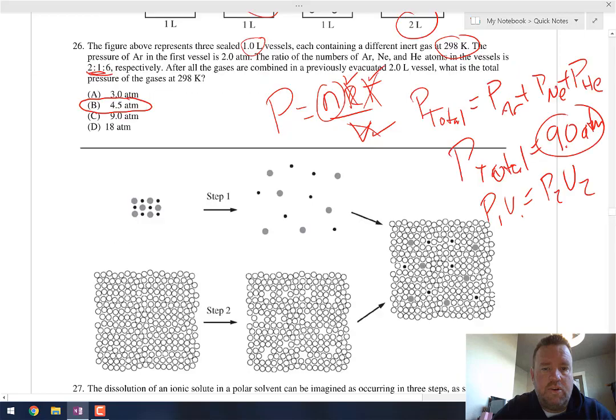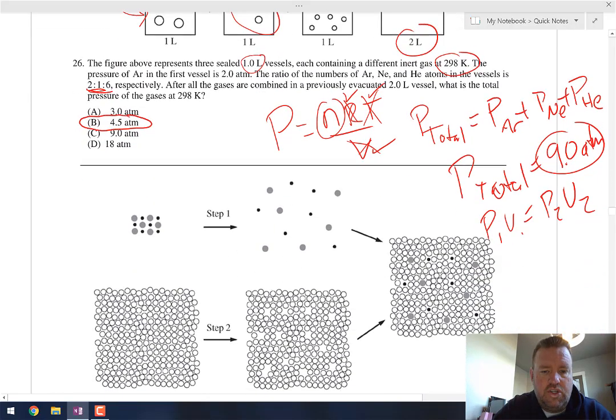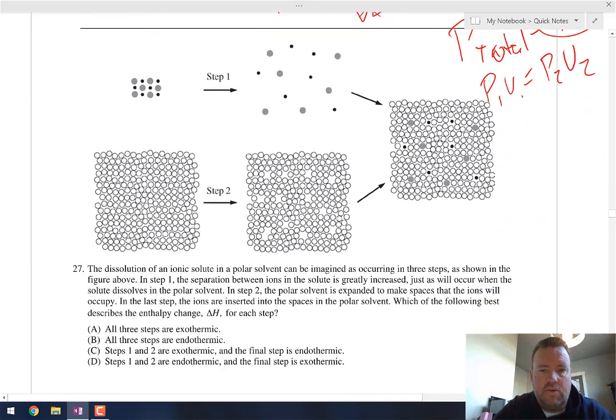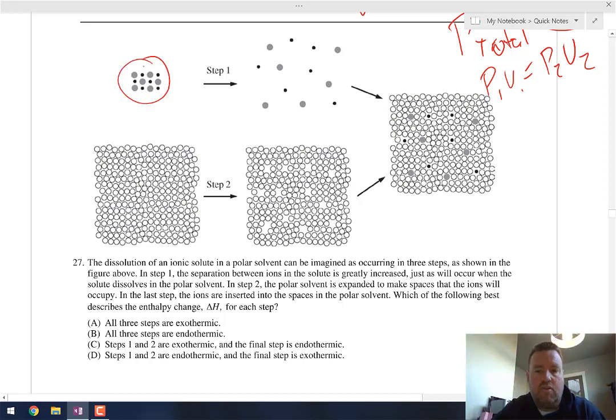Question number 27 talks about a solution that is dissolving. In step 1, here is the solute, and in order for the solute to dissolve or dissociate in the water, it has to break apart.